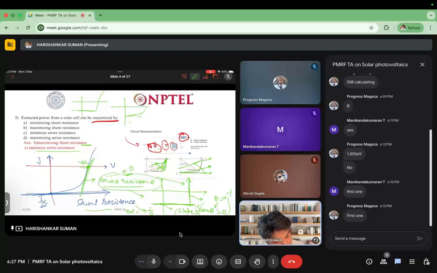Which has higher shunt resistance? This is first, this is second. First or second? Which one has higher shunt resistance? And which is the good curve for a solar cell? First or second? Yes, please.